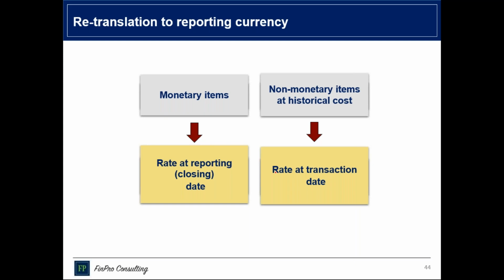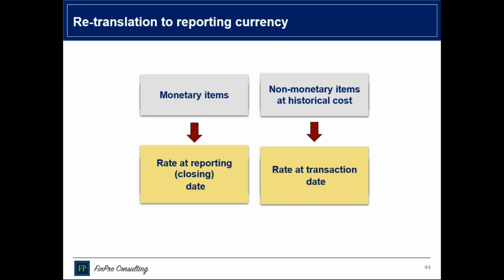Now, capital advance is a classic example where a lot of companies go wrong in translation. So capital advance, let's say I am buying or importing a machinery from a foreign party. So $100 is the total cost. I have paid an advance of $50.